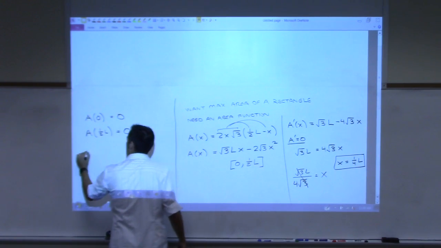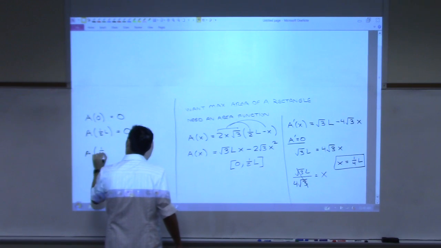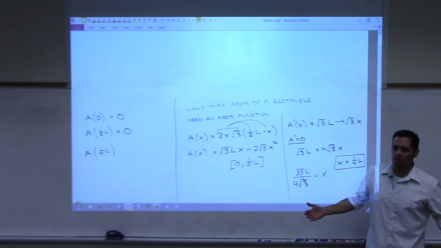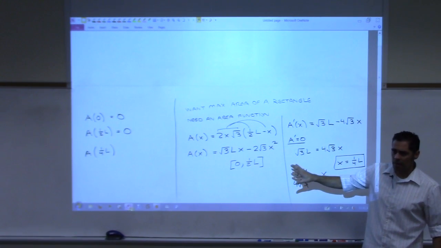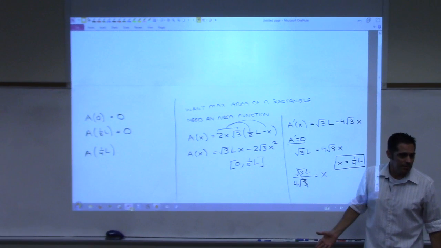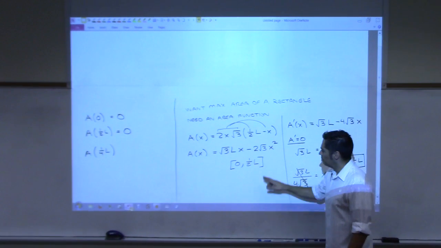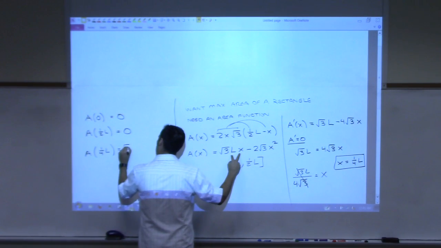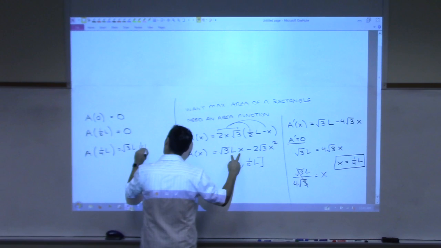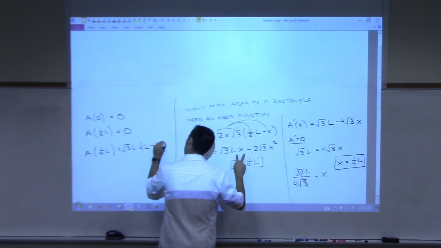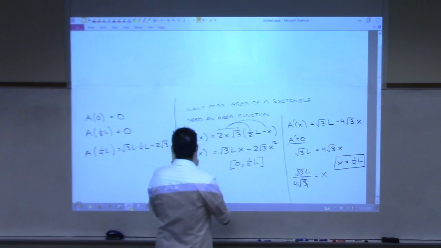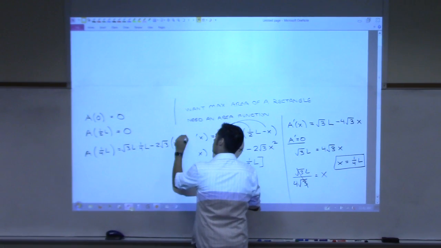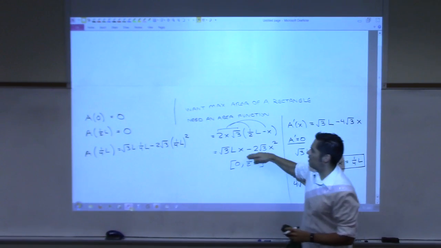And then what if I plug in 1/4 L? Well, I can tell you this, it's not 0, right? It's some number. I could figure out what it is, but it's definitely going to be my maximum. Shall we? I'll put it in here. What would we get if we did root 3 L times 1/4 L minus 2 root 3 times 1/4 L squared. So I'm just plugging that into this area function.